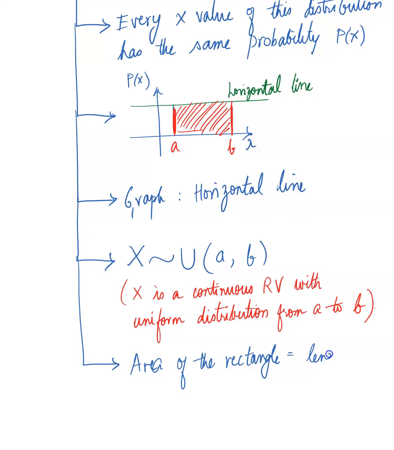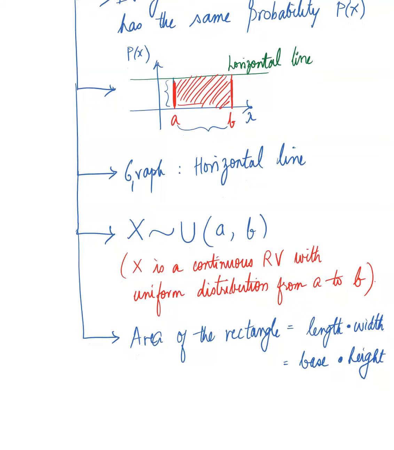We say length times width, but the book also interchangeably says base times height. If that's the case, you can think of this as the base and this as the height. So it's all the same. Your base will be your length and the height would be your width.